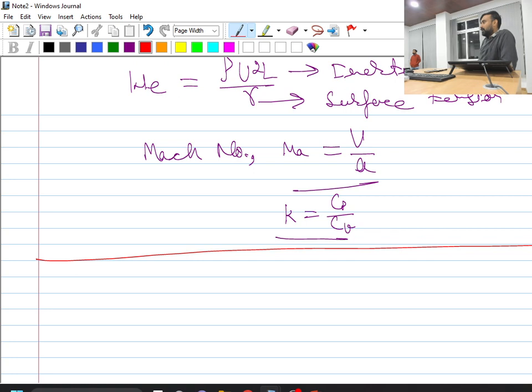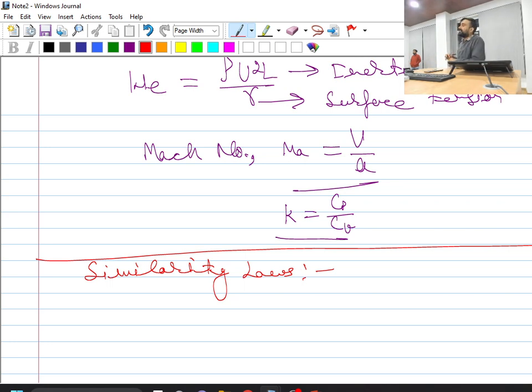That way you can do it. But dimensional analysis also provides us some similarity laws, and with the help of similarity laws we can develop a model of a prototype, and instead of performing the analysis over the entire prototype, we can do it only on the model.